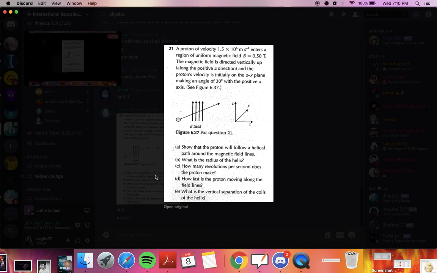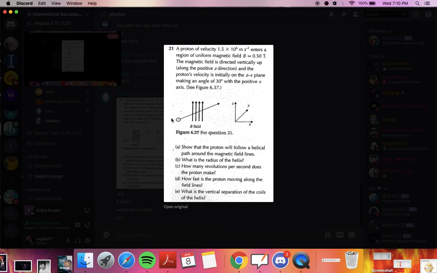Oh, so you want part B and C. Okay. Well, actually, and E also. So do you understand how part A works? Yep. Okay, that's good.